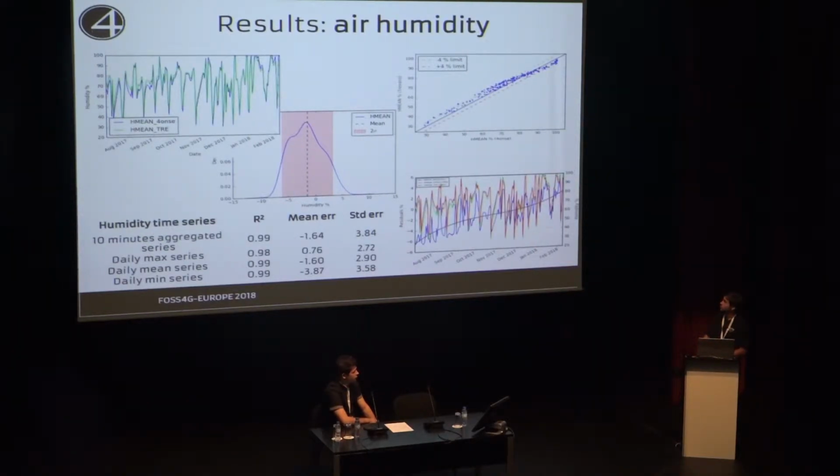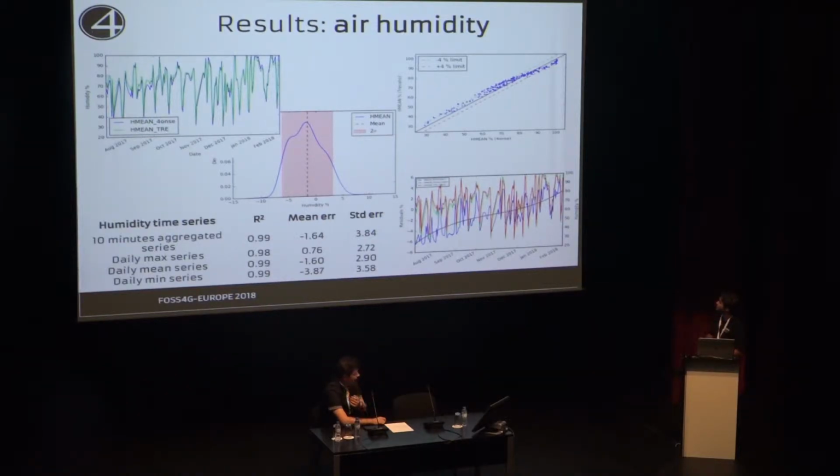Here there is the air humidity, which is the worst parameter that we have evaluated, but still good, because from the scatter plot you can see this dual behavior. So when values are over 70%, the humidity sensor of the prototype overestimates the value.